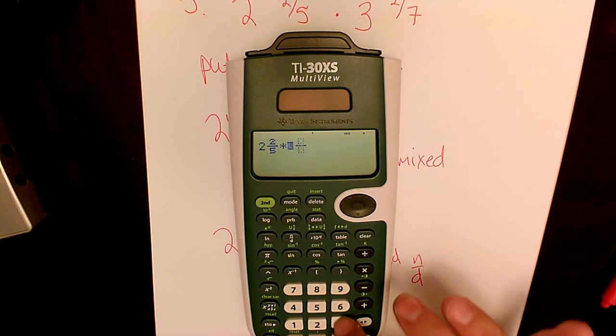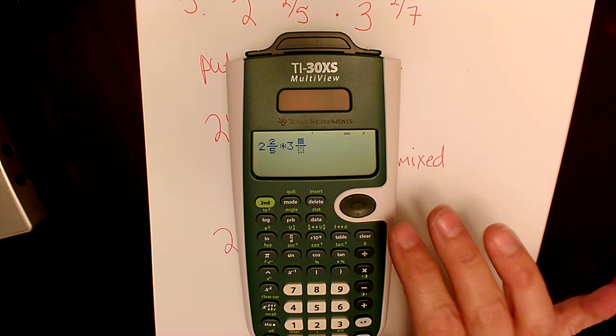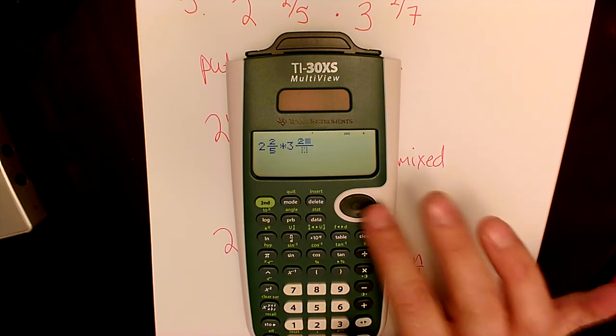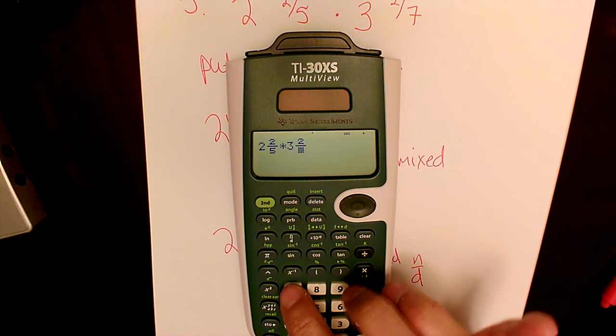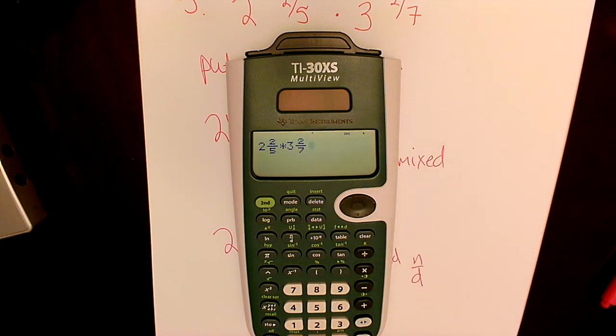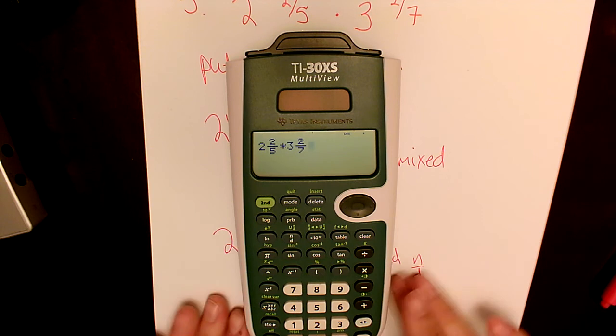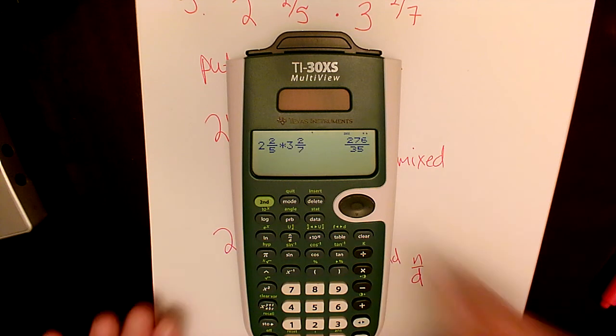So I'm going to put in 3, far right arrow, 2, far right arrow, it goes down, 7. Far right arrow, brings it up. Okay, I've got my whole problem in, and now I'm going to hit enter. Okay, and it gives me 276 over 35.